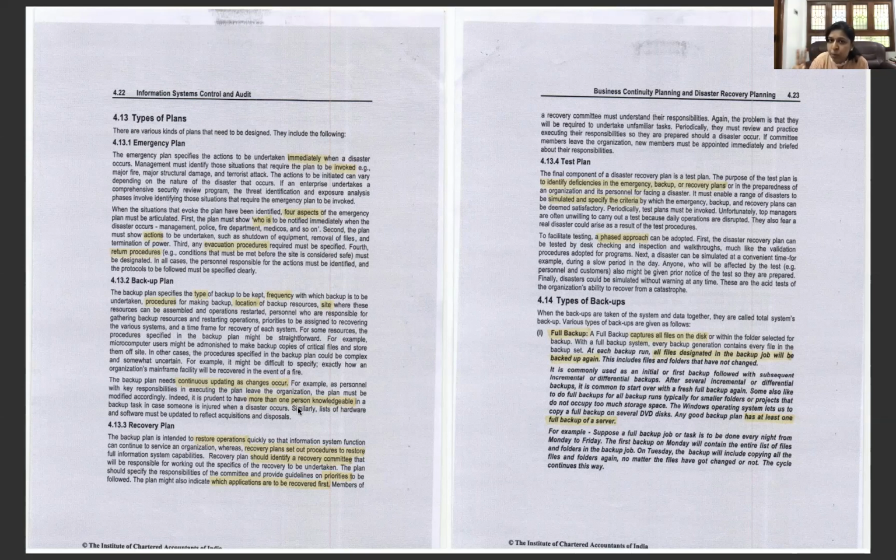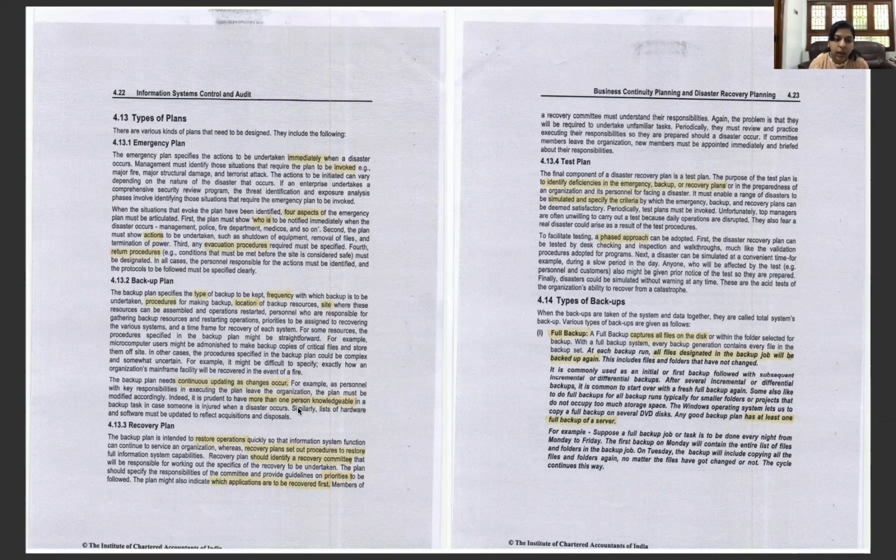There should be at least two persons who are aware of this backup plan, because if one is injured in the event of a disaster, the other must be ready to jump in. So for the backup plan, we have the type, the frequency, the procedure, the location, the site. It needs continuous updating, and more than one person should be aware of this backup plan.